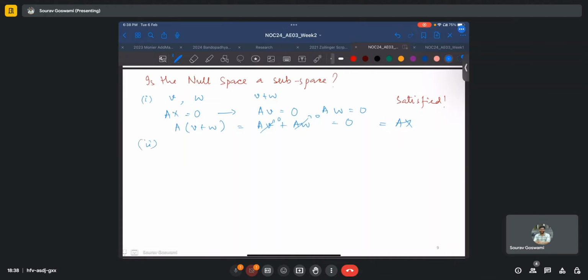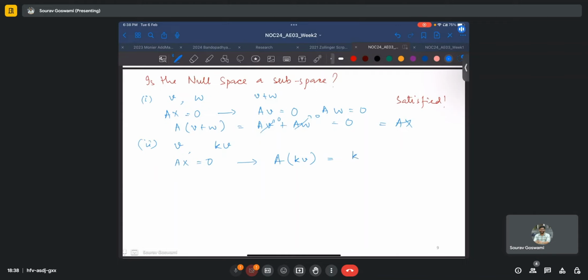Onto the second one: if V is an element, then any scalar multiple of this vector should also lie in the same subspace. So this is the definition of the null space. If I apply it to this scalar multiple of the vector, kV, then again from last week we looked at how scalar multiplication works for matrices.